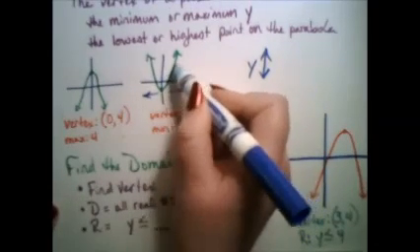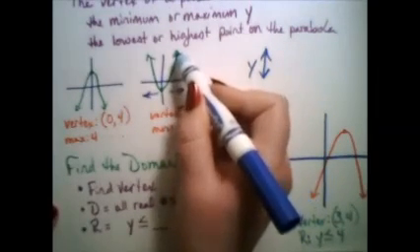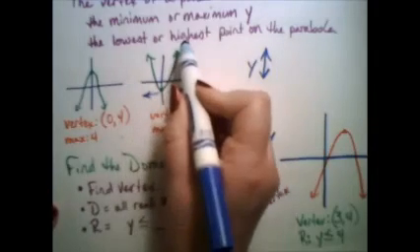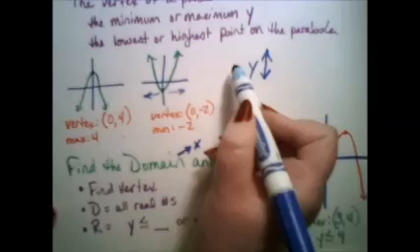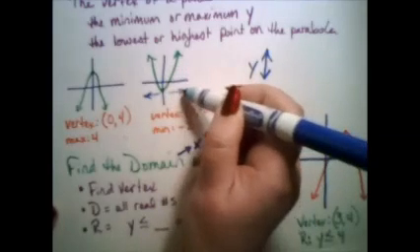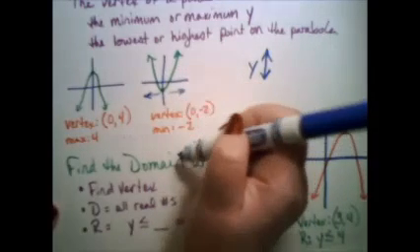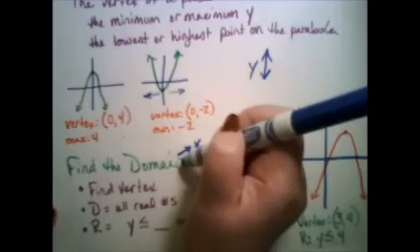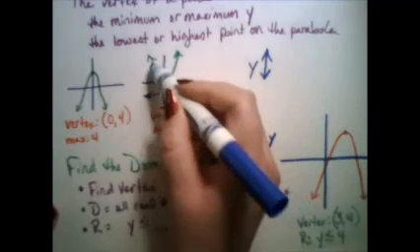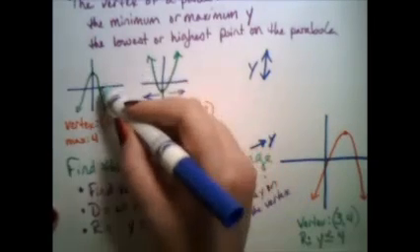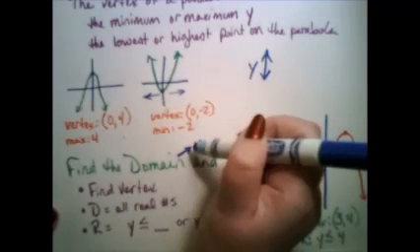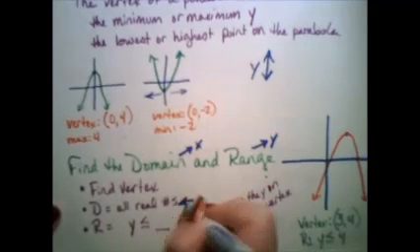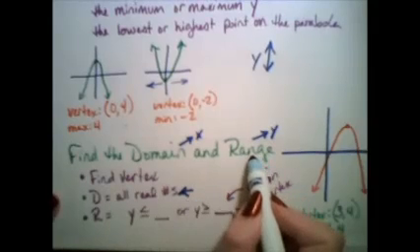Now if you took this parabola and you went infinitely higher, eventually this would get infinitely fatter, which means it has the potential to take in all real numbers. So when you have a parabola that opens up or down, your domain is going to be all real numbers. It's the range that is going to have limitations.